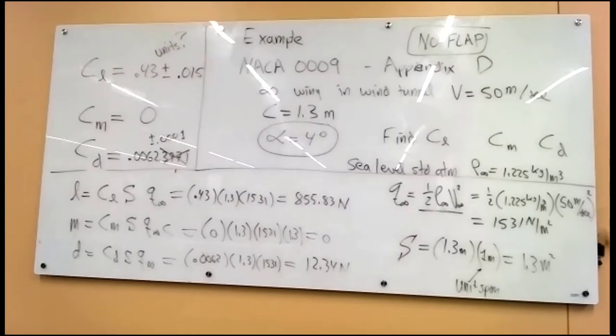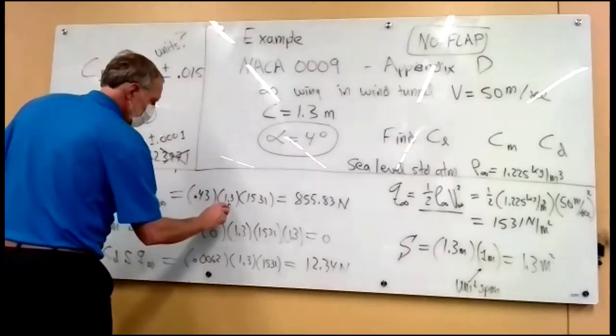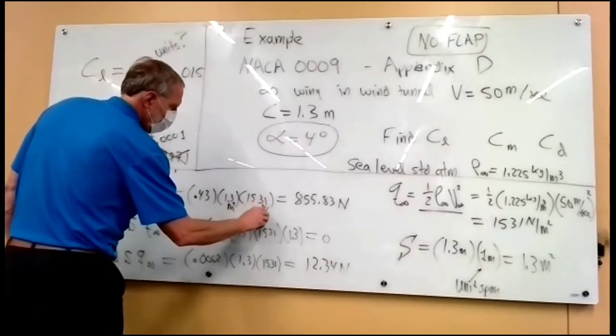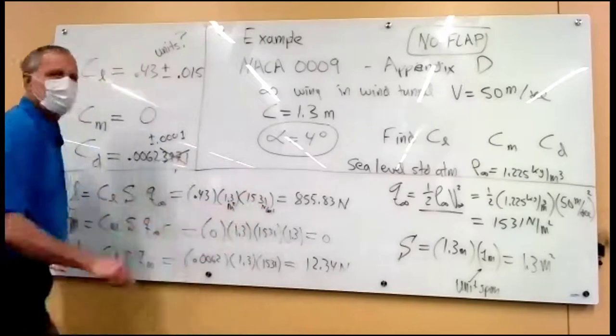Yeah, those are unitless. Remember, we took newtons and divided by the area and the dynamic pressure. So we get unitless. We're taking pressure units divided by pressure units. But we get units out of here because we multiply by meters squared, and then this is newtons per meter squared, so we get newtons out of that.